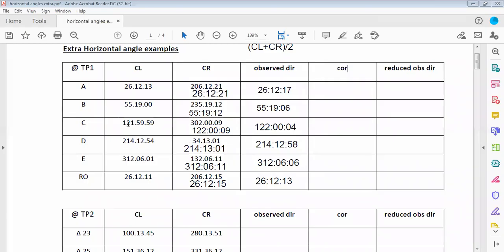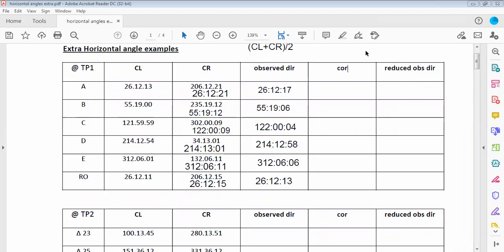We can see that circle left is smaller than circle right, right? So therefore we need to subtract 180 degrees. So if we say 103 degrees, 0 minutes and 9 seconds, we subtract 180 degrees.